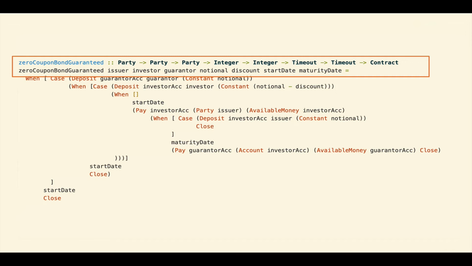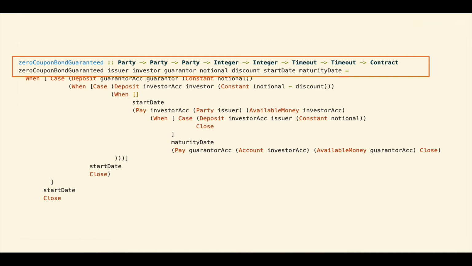So we have three parties involved. We have the issuer, the person issuing the bond, the investor, the person buying the bond, and the guarantor. We have two values for the contract. We have the notional value and the discount, which are both going to be positive integers. And we have two times, the start date and maturity date. And given all of those, what we get back is a contract.